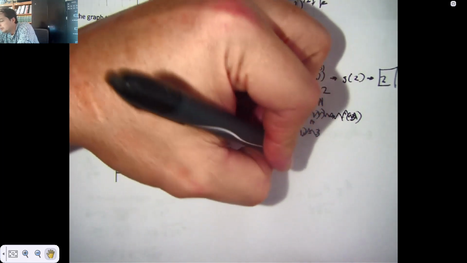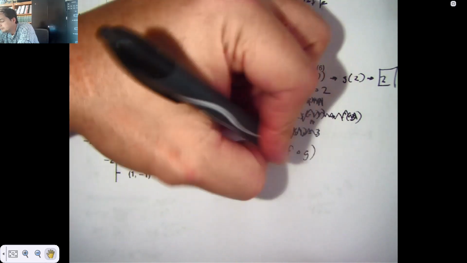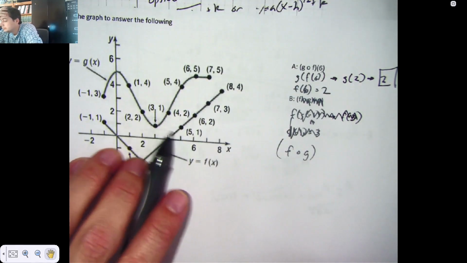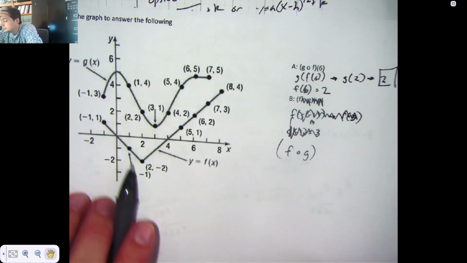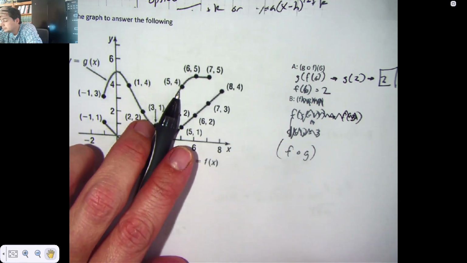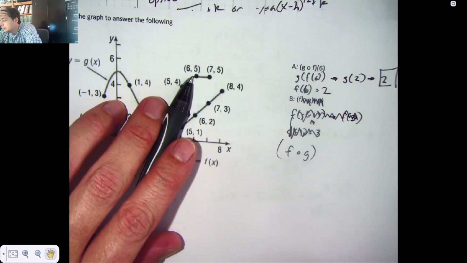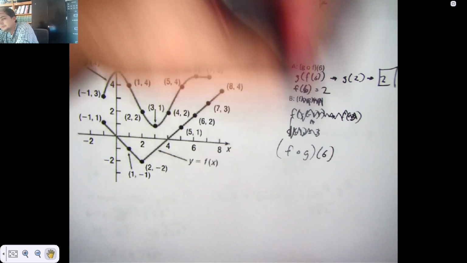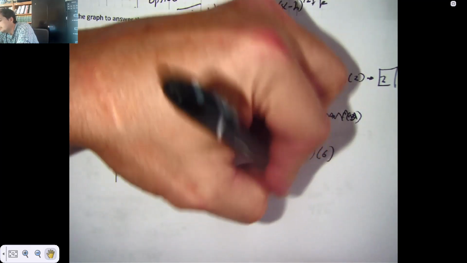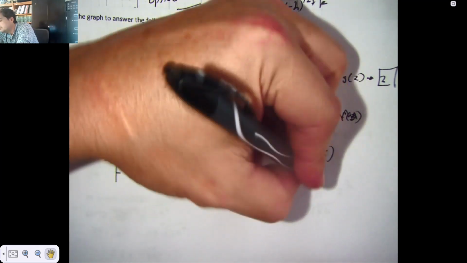Still going to do f of g. Let's do f of g of 6. Start over. That's f of g of 6.